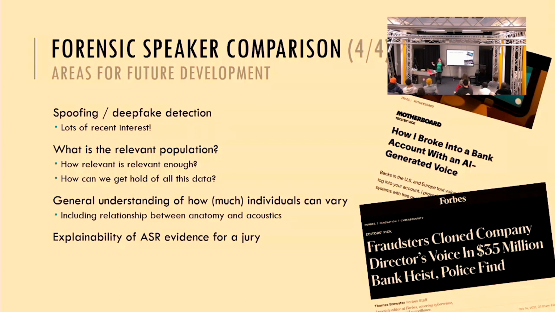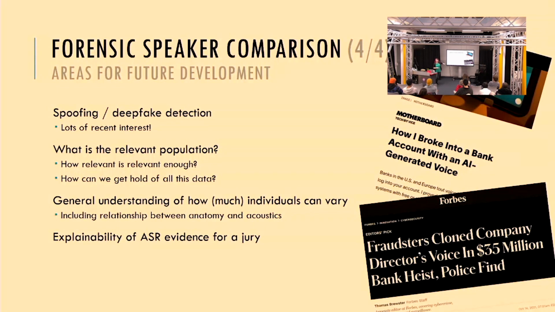And from outside forensics as well, from more voice biometric type applications. We've talked about the relevant population, so I will gloss over that because I'm aware of the time. As I mentioned towards the beginning, we don't really have a proper understanding of the link between the acoustic signal and the shape of the vocal tract that's making it.